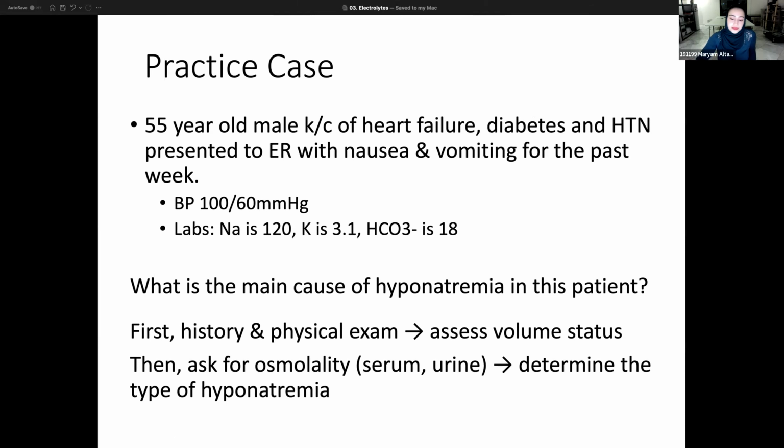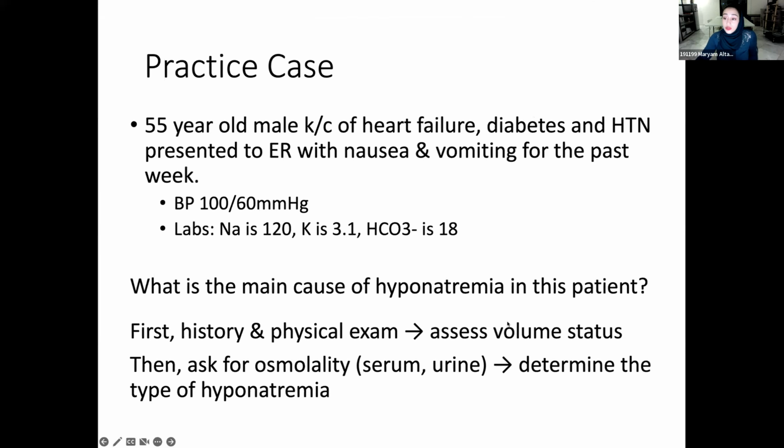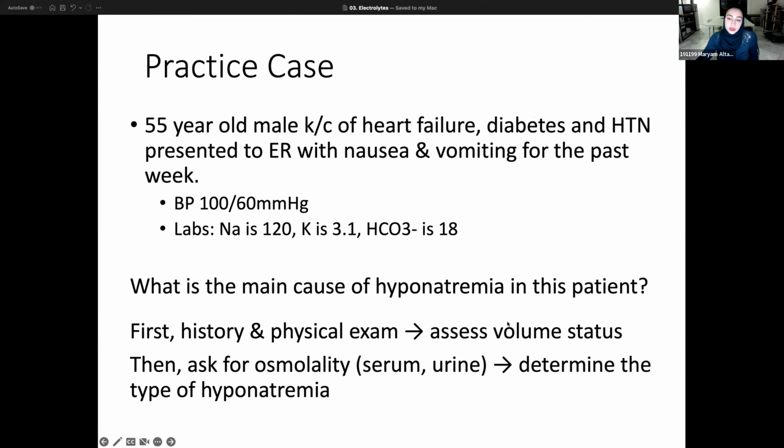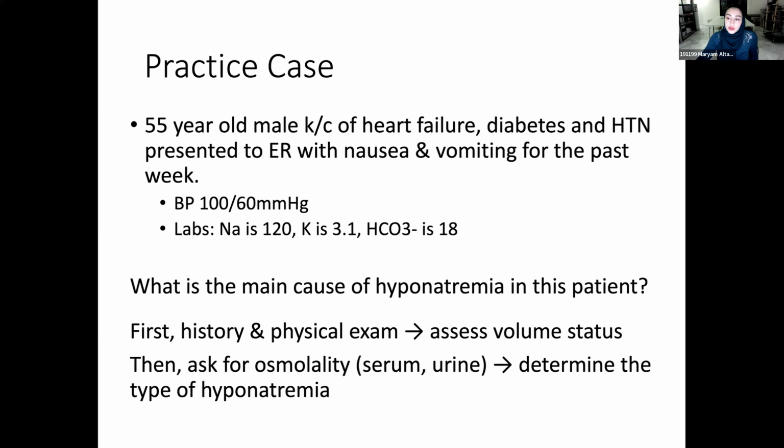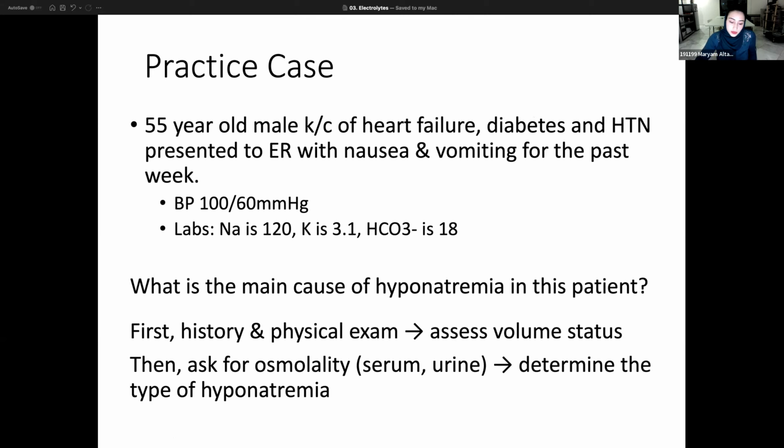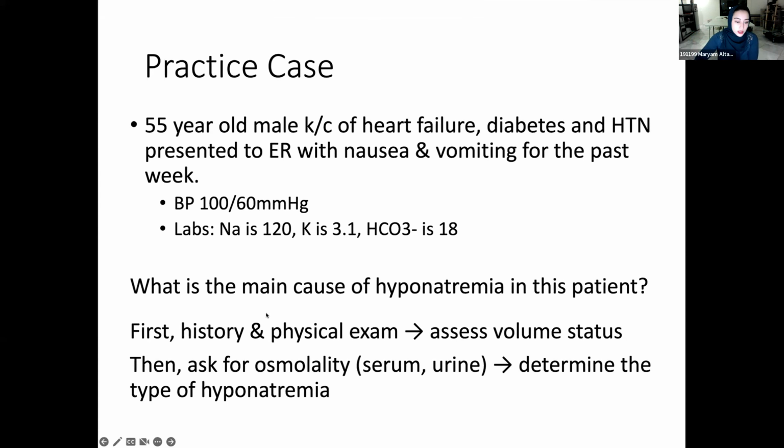Activation of RAS. If he's euvolemic, everything is normal, then you start to think, maybe it's syndrome of inappropriate ADH secretion, right? If he's hypovolemic, okay, maybe it's from the nausea and the vomiting, maybe he's dehydrated. So, immediately that in and of itself is going to give you an excellent clinical clue as to what is the different cause, all right?